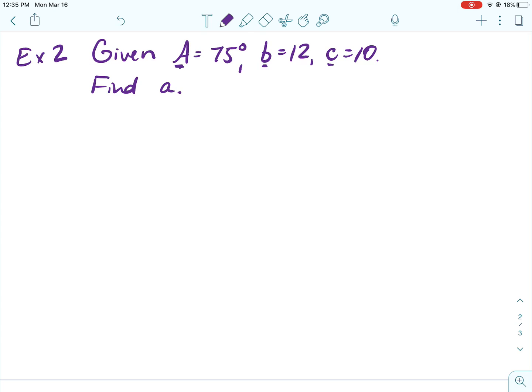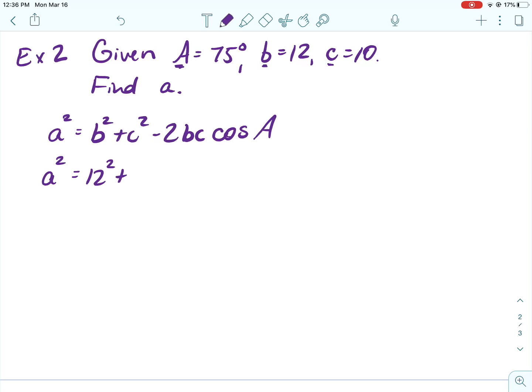This one is two sides and one angle, and we know it's the angle between because the letter doesn't match the letter on either of the sides. So when you see two sides and one angle, and the angle doesn't match either side, we're going to do law of cosines. A squared is going to equal B squared plus C squared minus 2BC times the cosine of angle A. Then we'll plug in what we know.